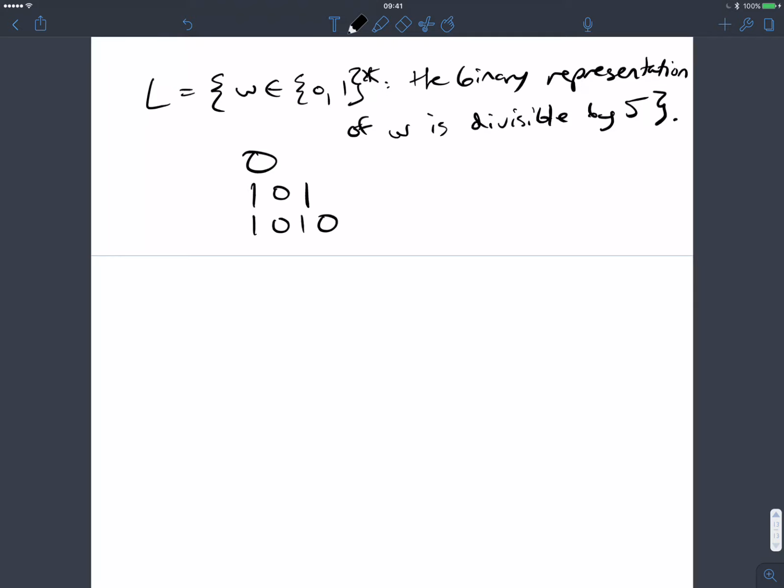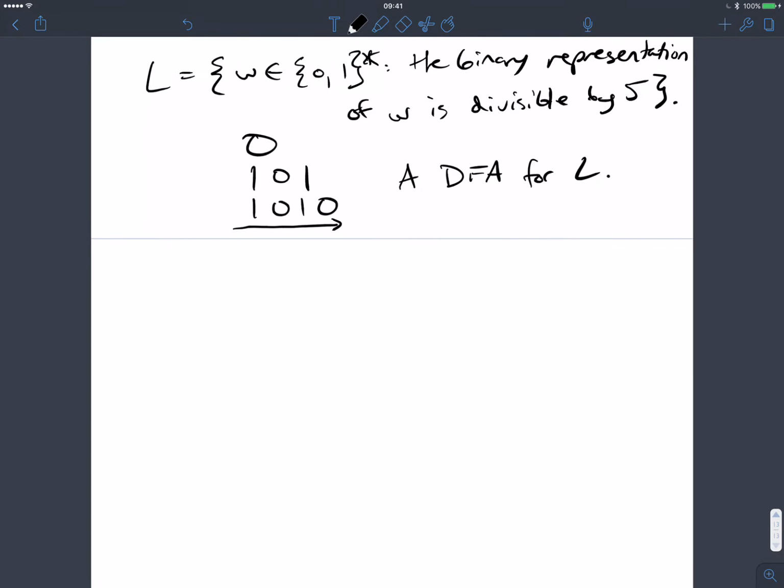I'm reading a string from this side to this side, so I'm reading most significant bit first down to least significant bit. And what I want is a DFA for L, not an NFA. It actually won't help here. So what I want is a DFA for L. Okay?